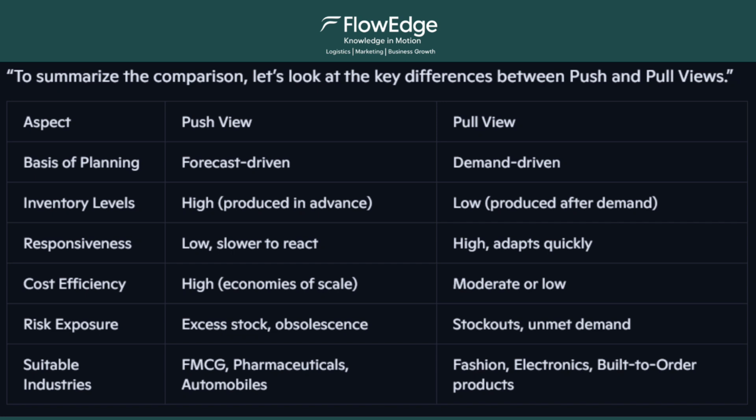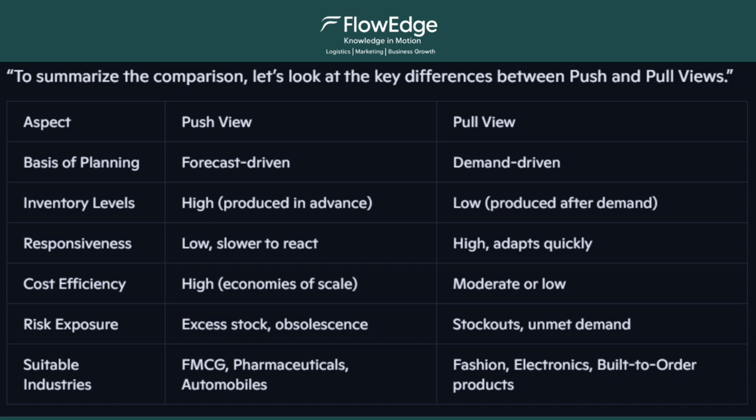Lastly, when we compare them on the basis of industry suitability, industries like FMCG, pharmaceuticals, and automobiles typically use push systems due to the stable demand and need for availability. On the other hand, industries such as fashion, electronics, and customized products prefer pull systems to stay agile and meet the dynamic customer needs. As we can see, push is efficient but less responsive.